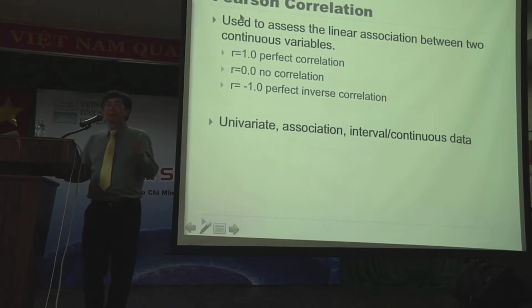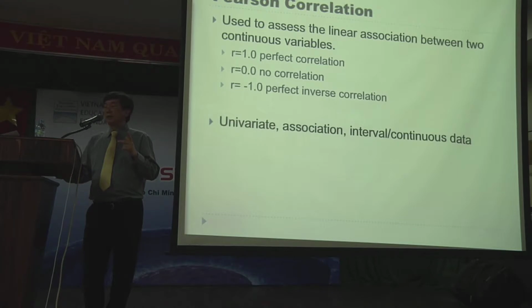So when we have quantitative data, when we want to see if they correlate with each other, for example, let's say we're looking at the expression of two genes, whether the protein level of one gene and the protein level of another gene correlate with each other.